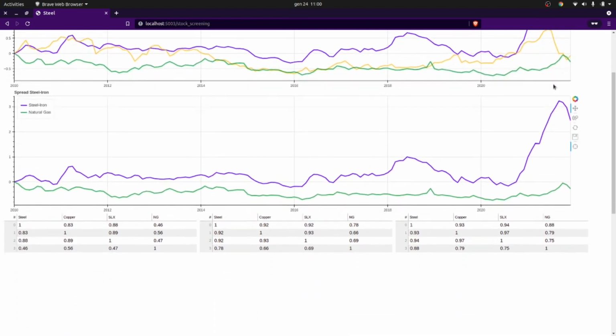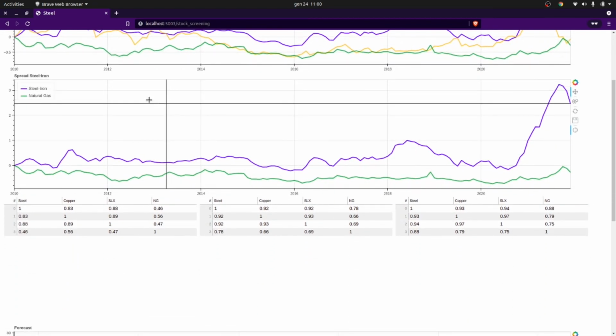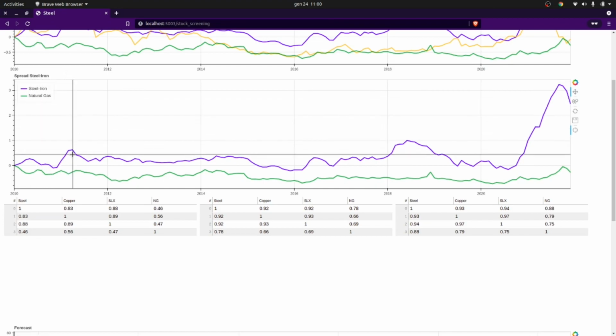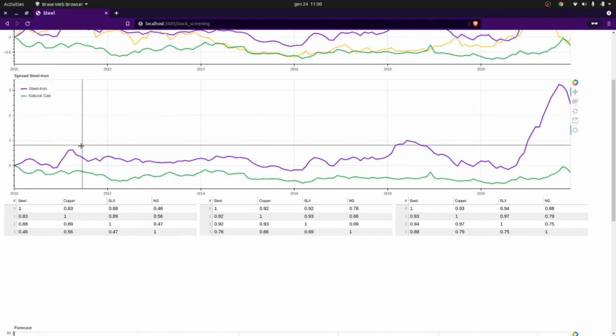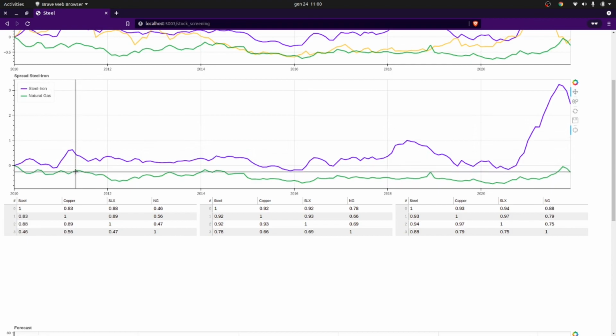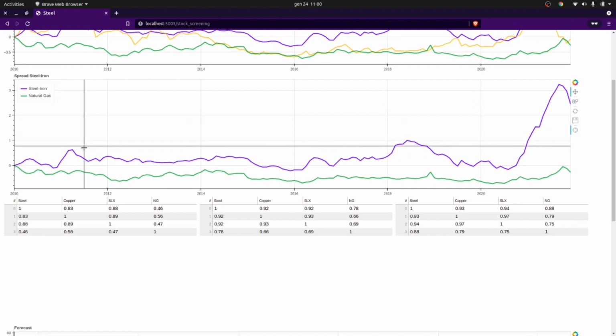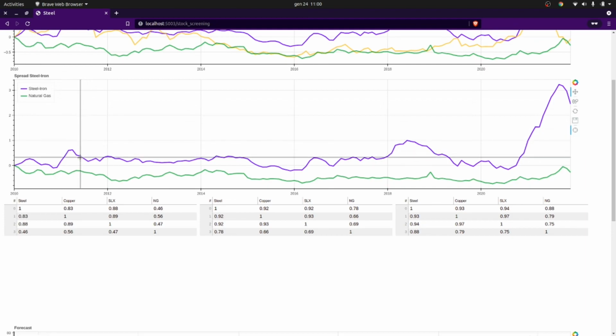However, I would like to focus more on this chart because I compared the steel-iron spread with the natural gas price. The steel-iron curve in an ideal world should represent the production steel price, and indeed these two curves move more or less together.